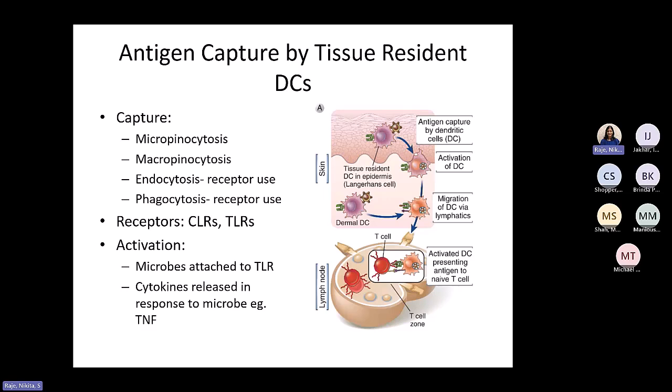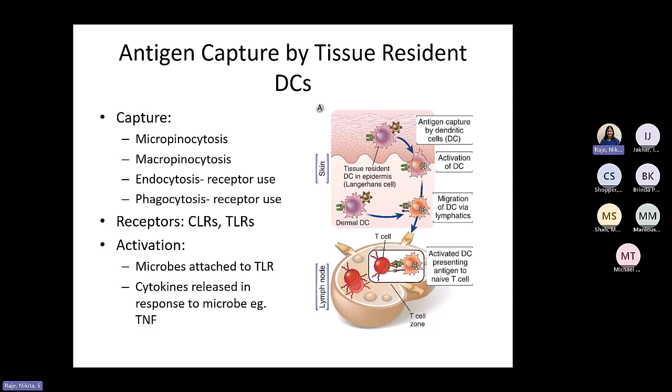We know that these antigen presenting cells or sentinel cells will use the receptors on their surface, pattern recognition receptors such as TLRs, CLRs. We read about and learned about a lot of different types of pattern recognition receptors. So these antigen presenting cells will use those receptors to recognize the antigen and then use one of these methods to capture it. Once it's inside, it's going to process it for presentation to the T cells.